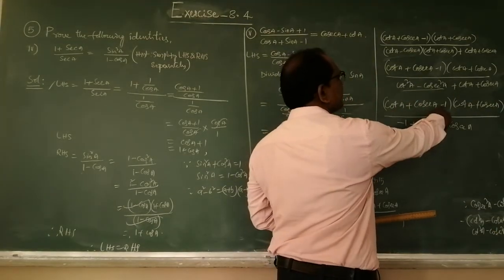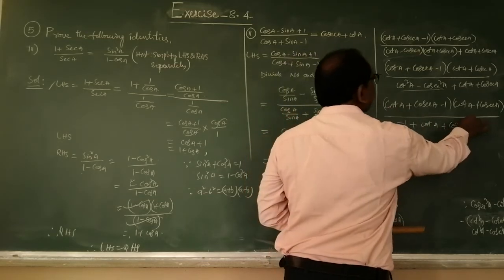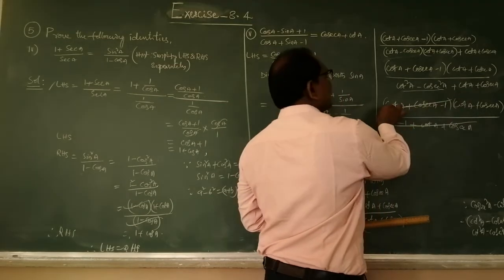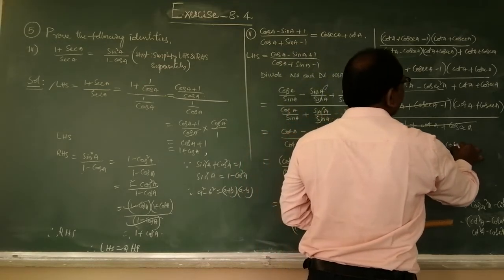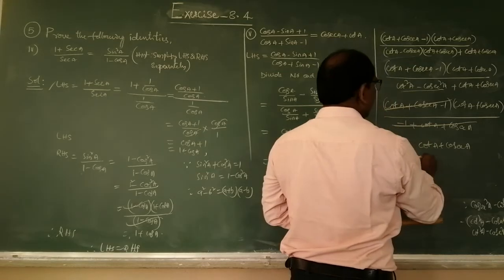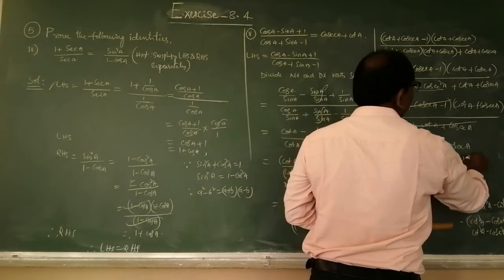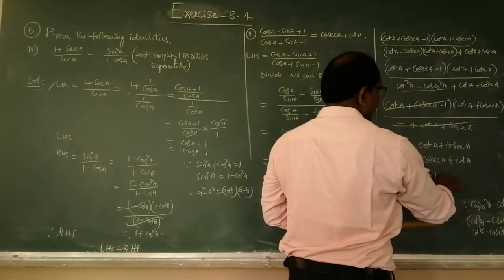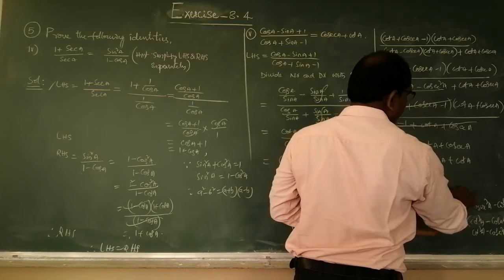Look here, children: minus 1 plus cot A plus cosecant A. The minus 1 and plus 1 cancel completely. Therefore, the remaining one is cot A plus cosecant A. Therefore, cosecant A plus cot A equals RHS. Therefore, LHS equals RHS.